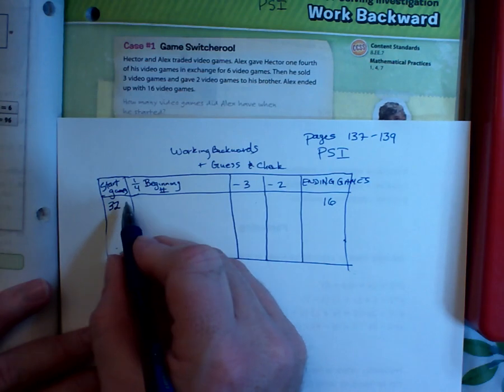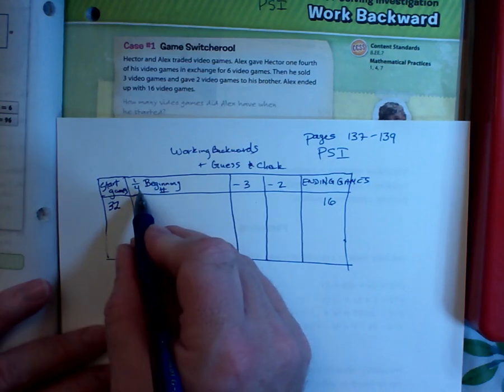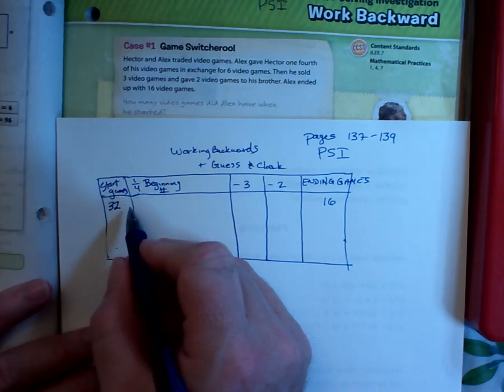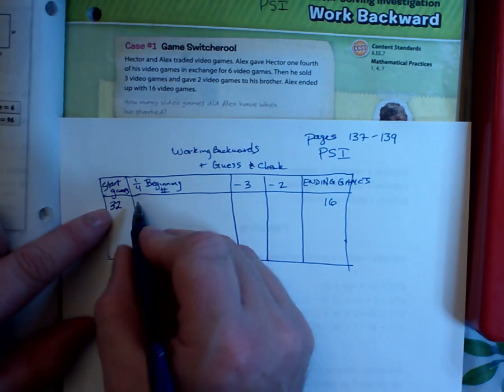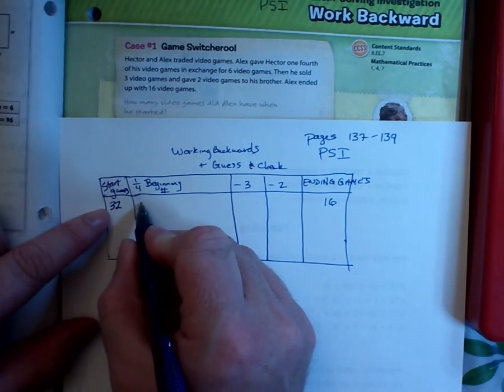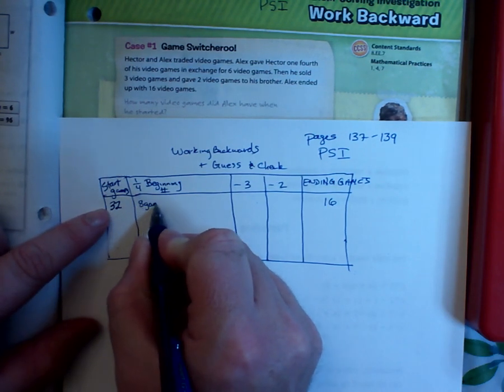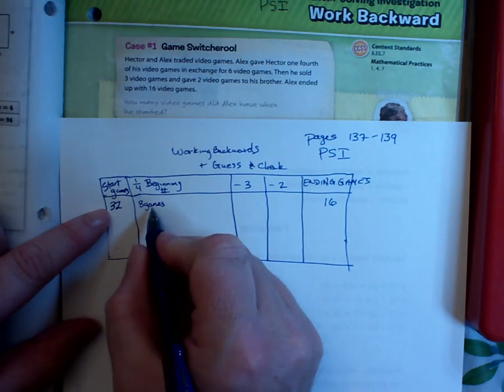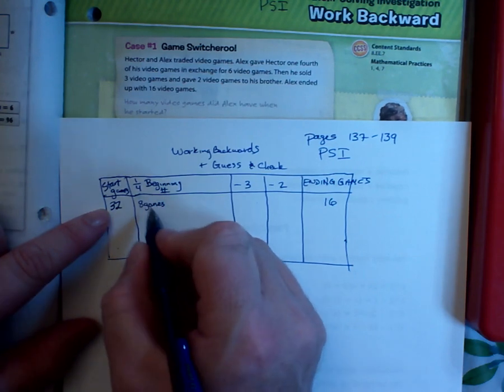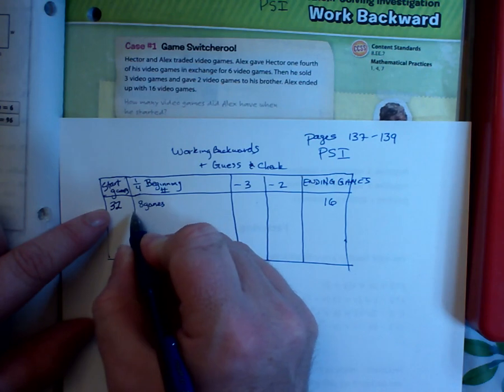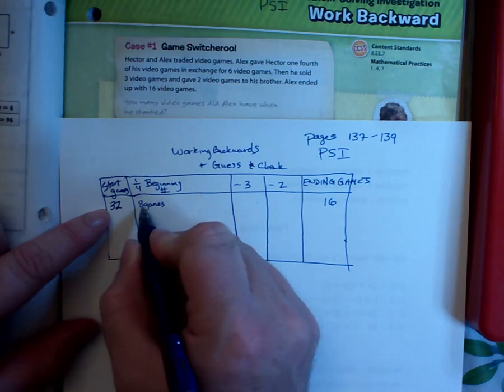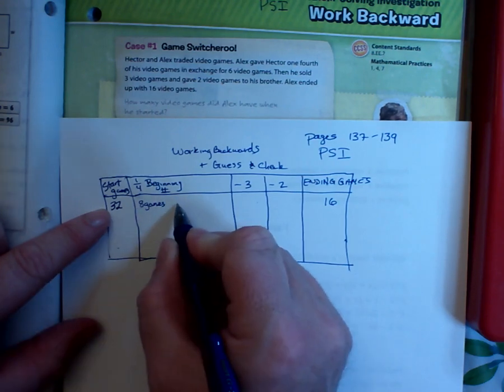Okay, and now he ended up with 1/4 of them. So 1/4 of 32 is 8 games he gave away. So it's going to be 32 minus 8, but then he gets 6 more.